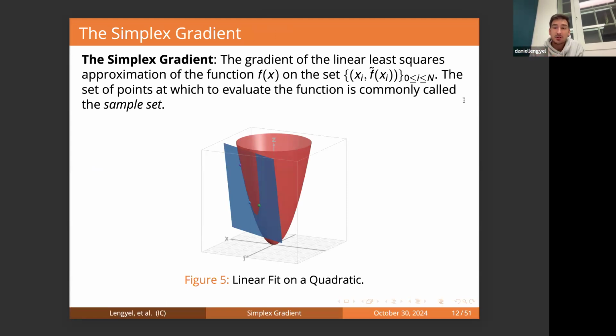The simplex gradient is very nice because it's flexible, as it allows us to choose any kind of sample set. As you can see here in this plot, we have chosen these scatter points as places to evaluate the function. And now you just fit a linear function to those points. You take a linear function because you think the function is locally linear, so a linear function approximates it well.